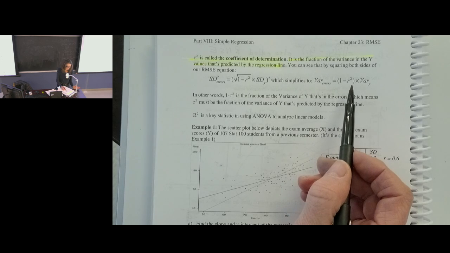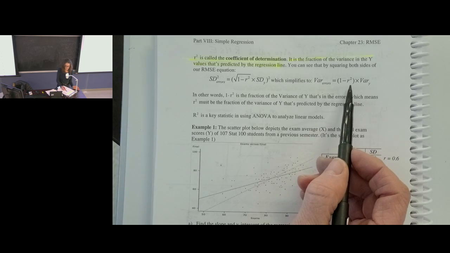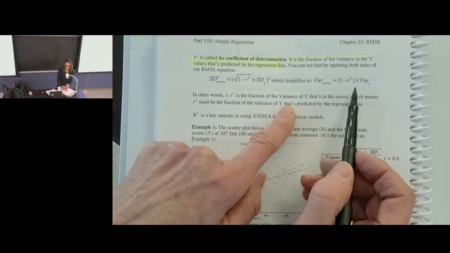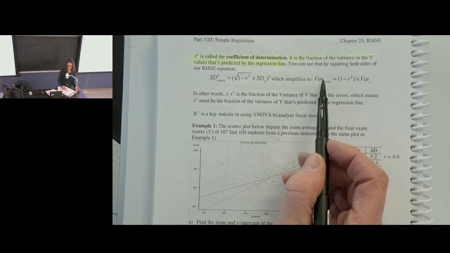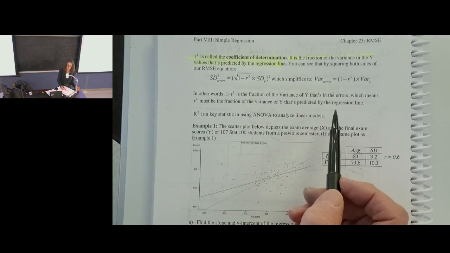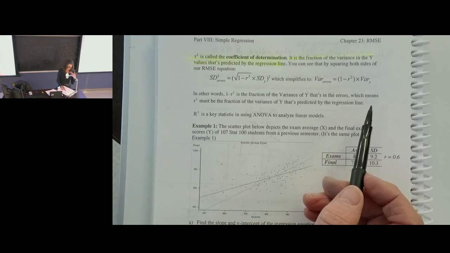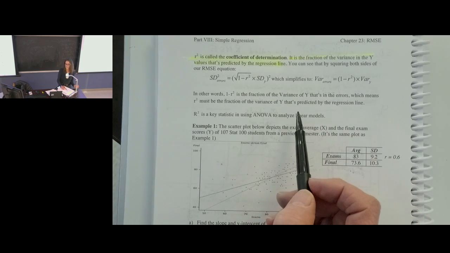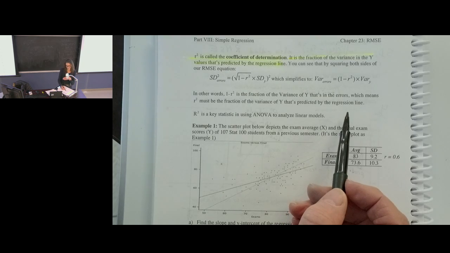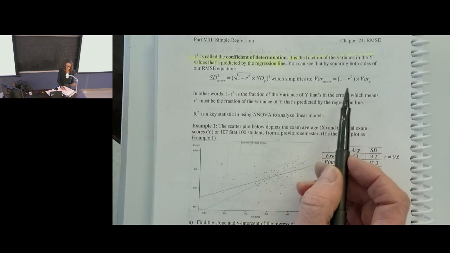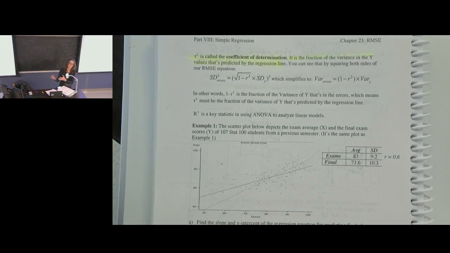So 1 minus r squared is the fraction of the variance that's in the errors. That means r squared is the fraction of the variance that's predicted by the regression line, and 1 minus r squared is the fraction of the variance that's left in the errors.